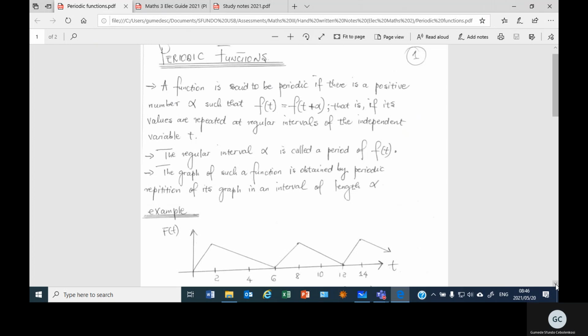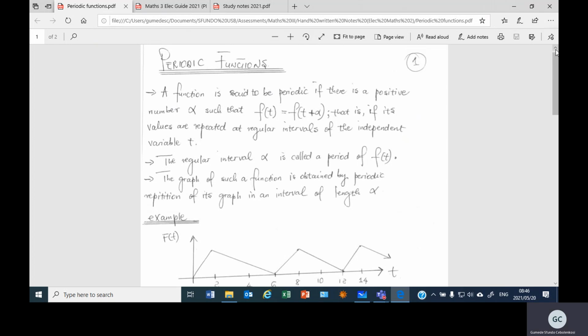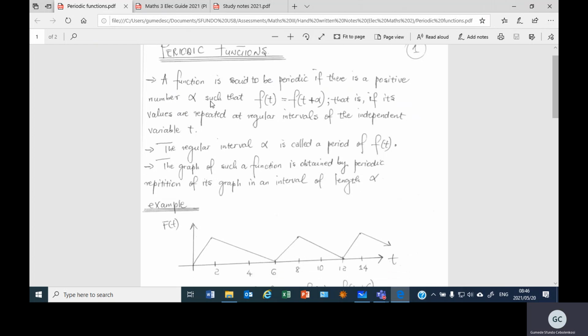And in general, an easy definition: if you say a function is periodic, it means that a function repeats itself. The y values of a function repeat themselves after some interval, after some units. So for instance, look at the first definition here.